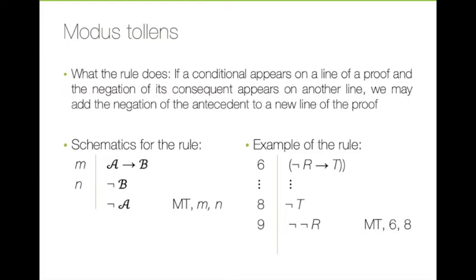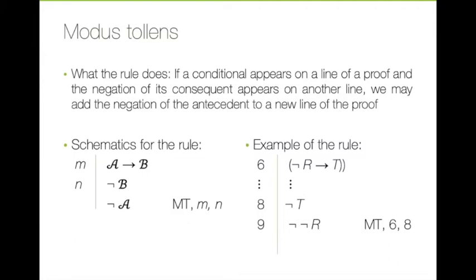In the schematic, we have the conditional if A then B on line M, and the negation of the consequent not B on line N. And that allows us to add the negation of the antecedent not A on a new line, justified by modus tollens and the lines on which the conditional and the negation of the consequent appeared, M and N.